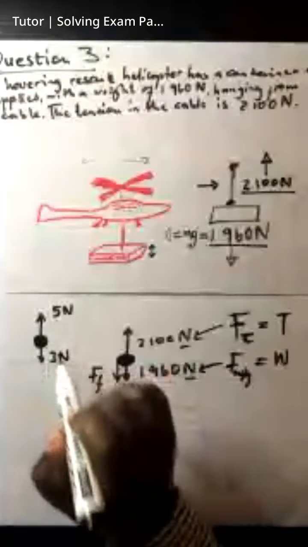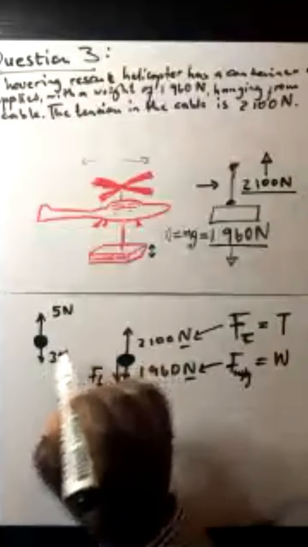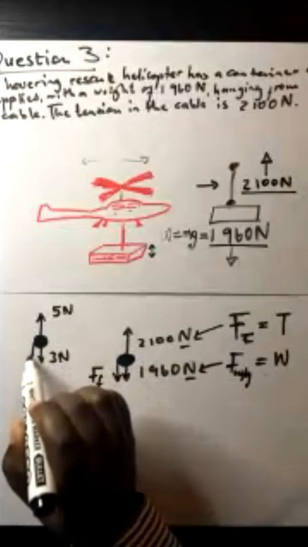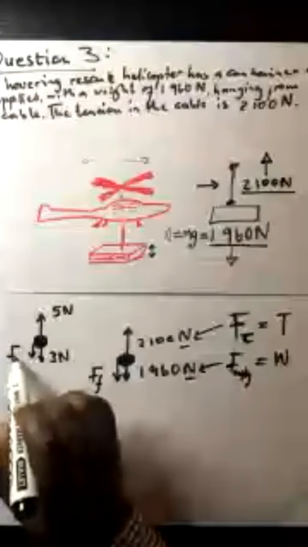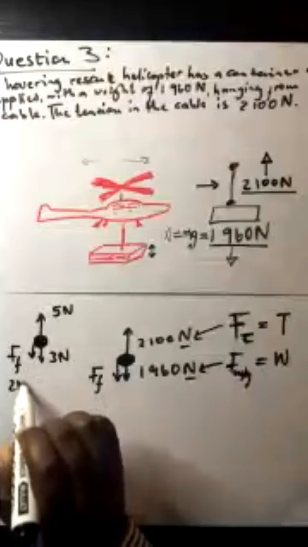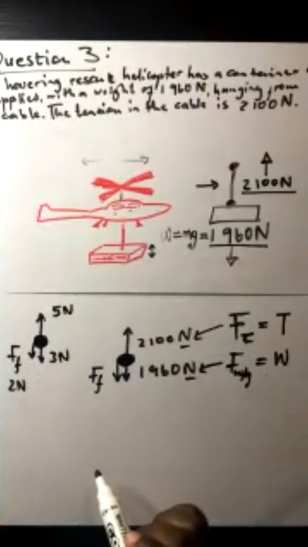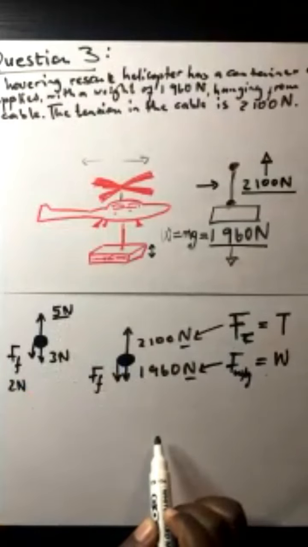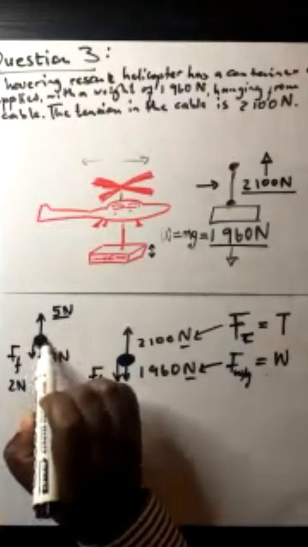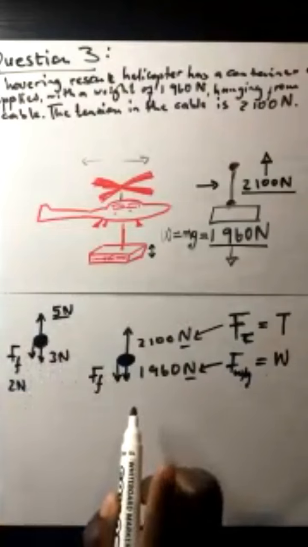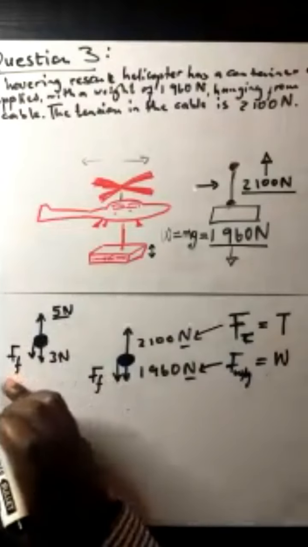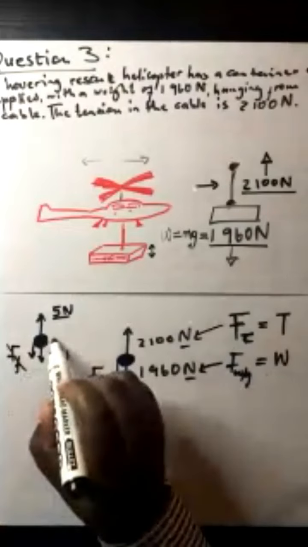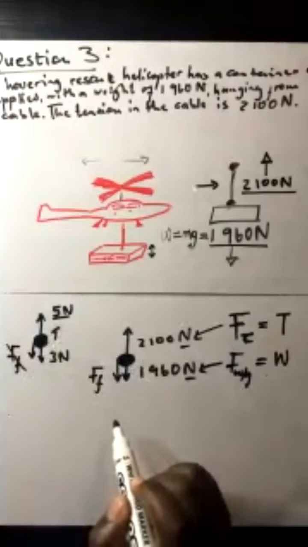In case this object is not moving upwards and it's standing right there, it means there is a frictional force of 2 Newton. Why 2 Newton? Because it has to balance or counteract that force for it to remain stationary at that point. Otherwise, if there is no frictional force, that means this object is moving upwards.